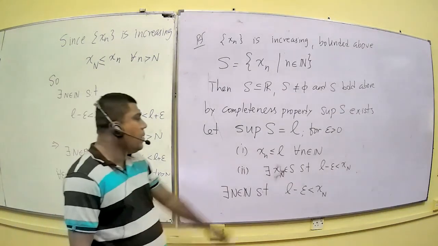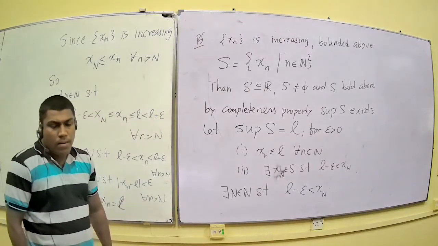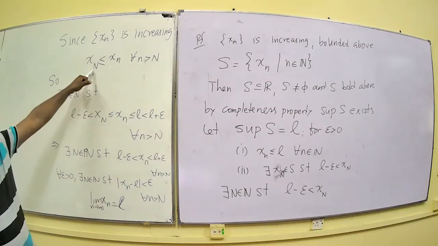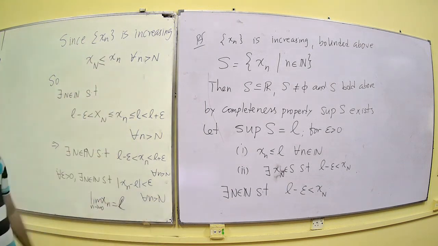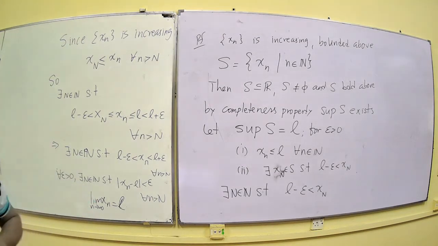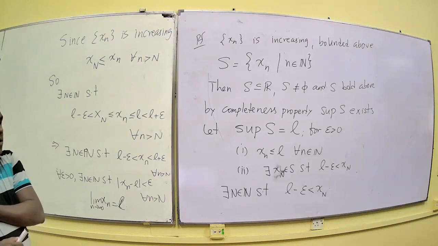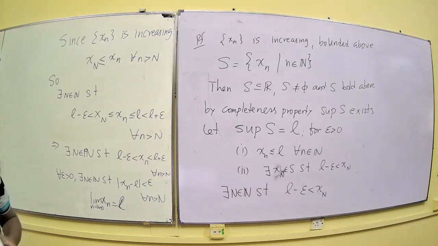In order to show that, we apply the definition of supremum, and also use the fact that xn is an increasing sequence. Combining all of them, we get the required relationship. And similarly, you can prove that a monotonically decreasing sequence that is bounded below will also have a limit, right?